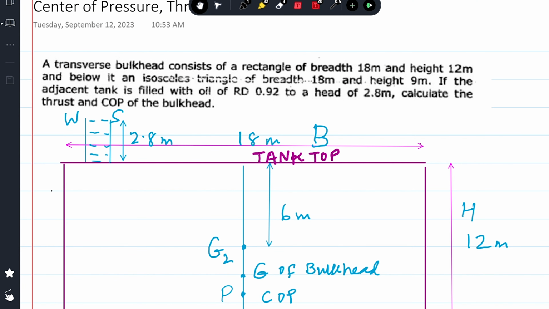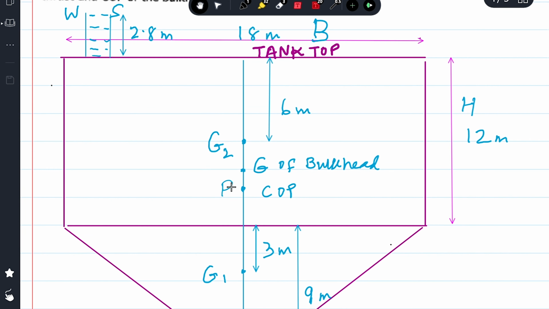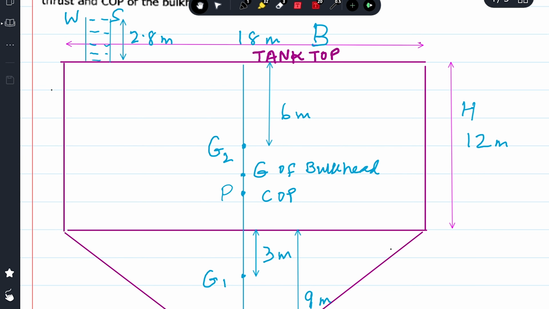Here is another type of center of pressure question from past MMD papers. This is a bulkhead, which is a combination of a rectangle on top and an isosceles triangle at the bottom.